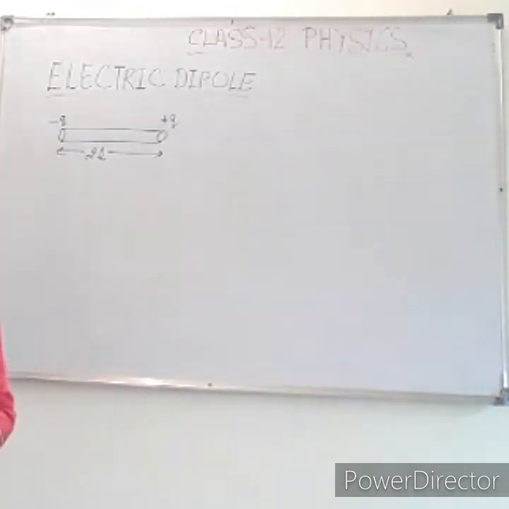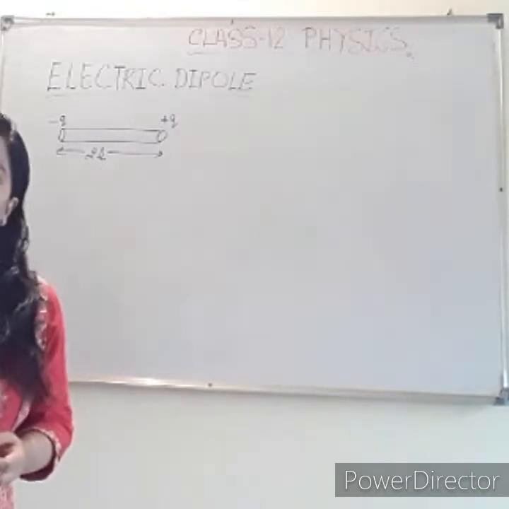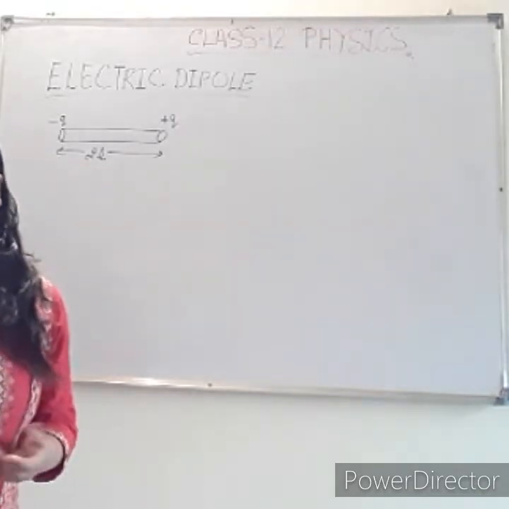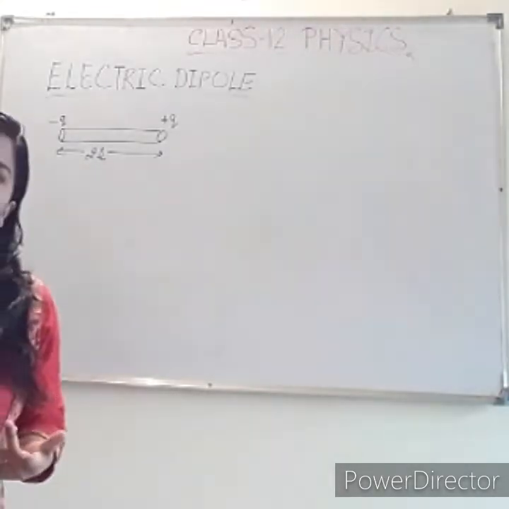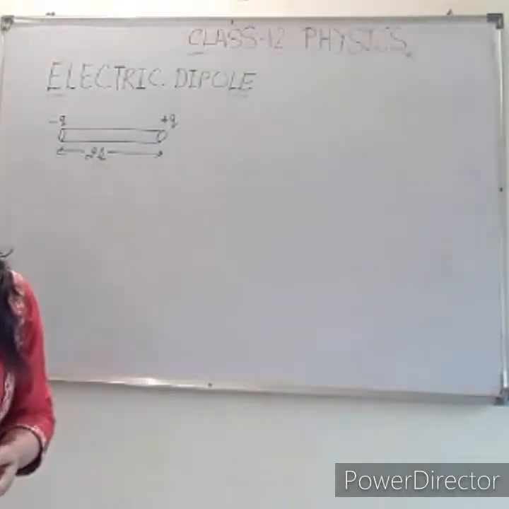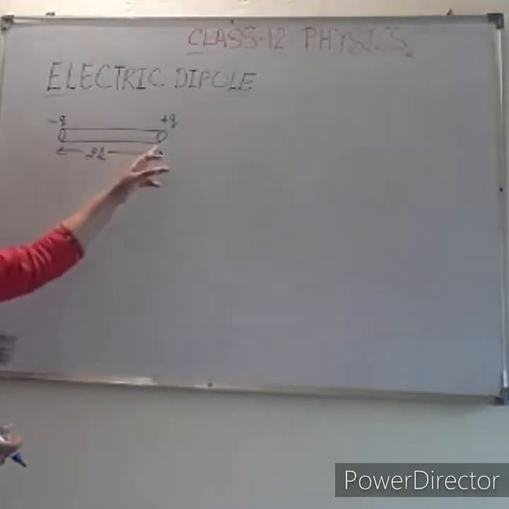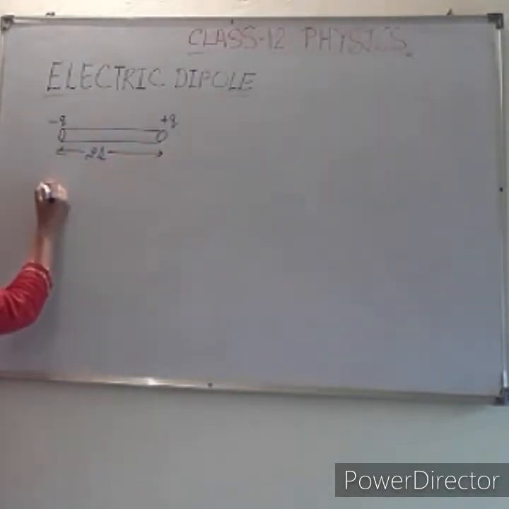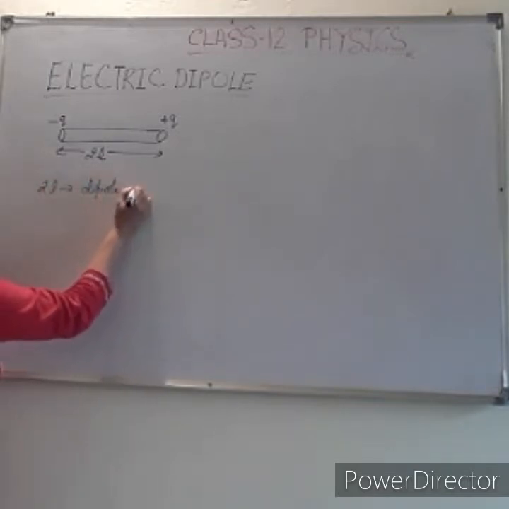That means a system of two equal and opposite charges placed at a very small distance is called an electric dipole. Di means two, pole means polarity. So there are two polarities having equal and opposite charge values. Here I have taken minus q and plus q charge. This 2L is called the dipole length.